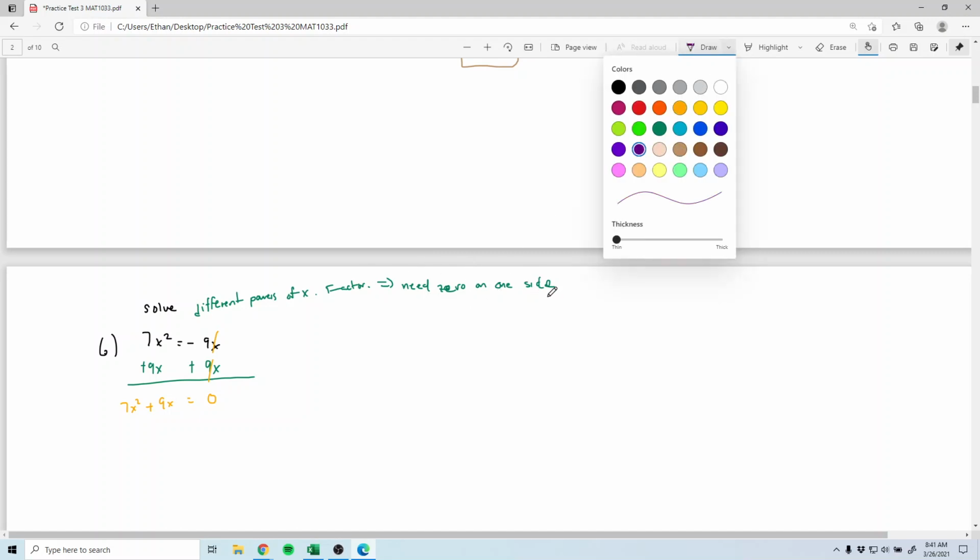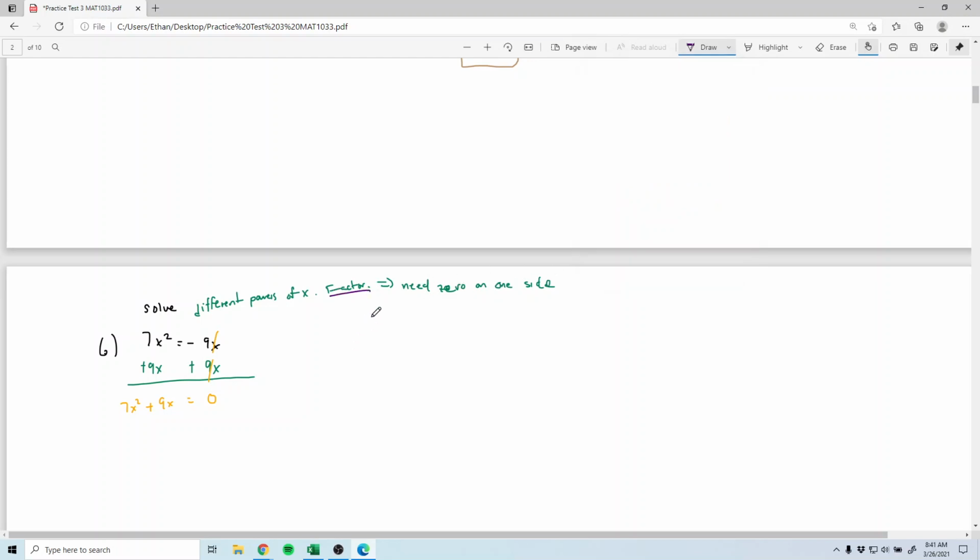Right, and we're kind of working in reverse here. We know we need to factor from the beginning. We needed to get 0 on one side. Now that we've gotten 0 on one side, now we actually factor. And this is another one of those, like one of the previous ones, where we can just factor out the greatest common factor.